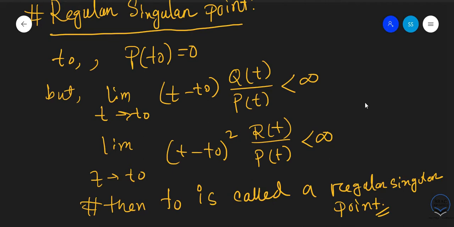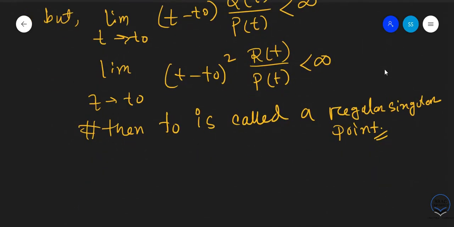And obviously you might ask, why am I discussing so much about the singular point, so what is the physical significance of the singular points? So let me just write a few words about it.